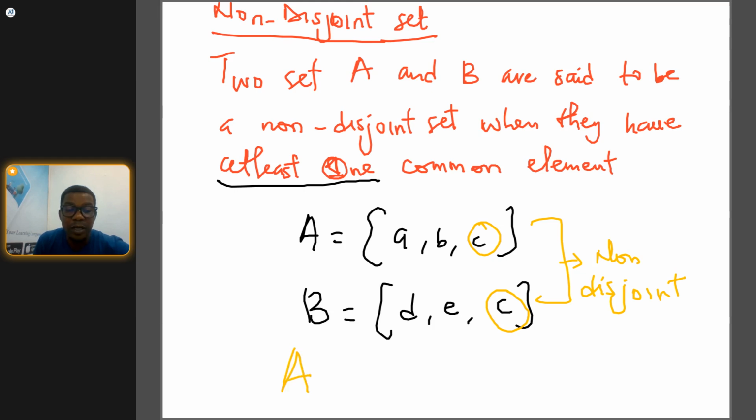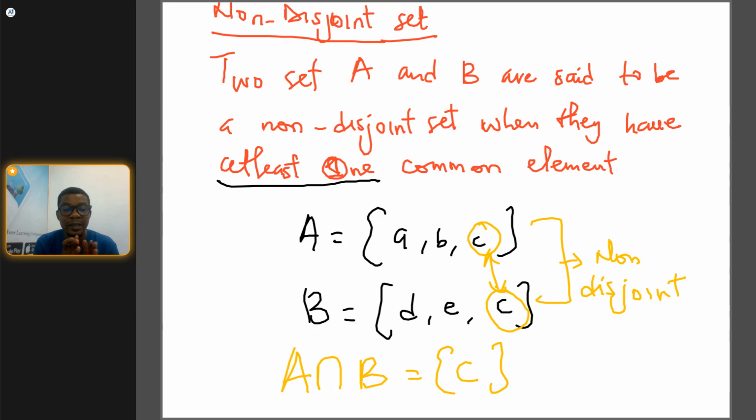And that implies that if you take the intersection of A and B, intersection means the common elements in two or more given sets, the common element here is C. We have C here, we have C here. So in a non-disjoint set, we always have an element that will be present in the intersection of those two sets.